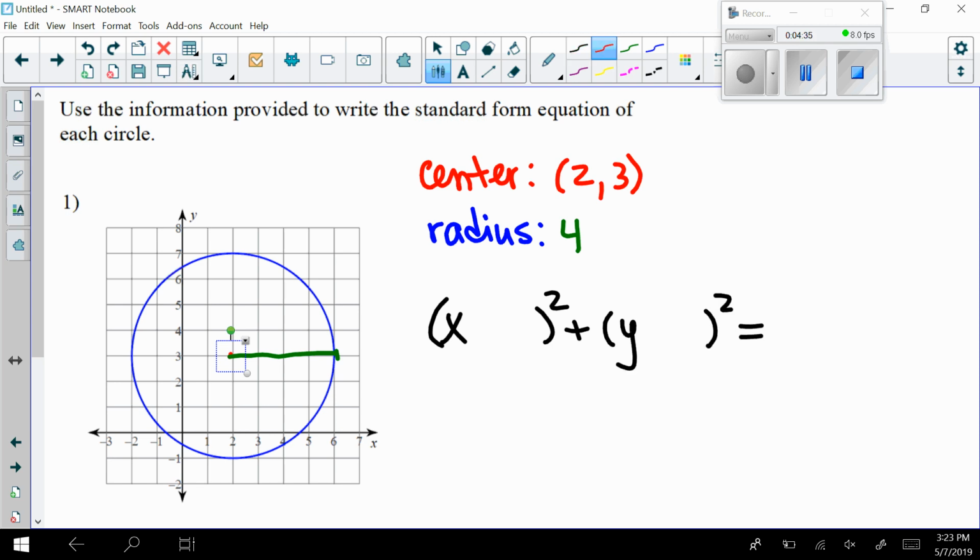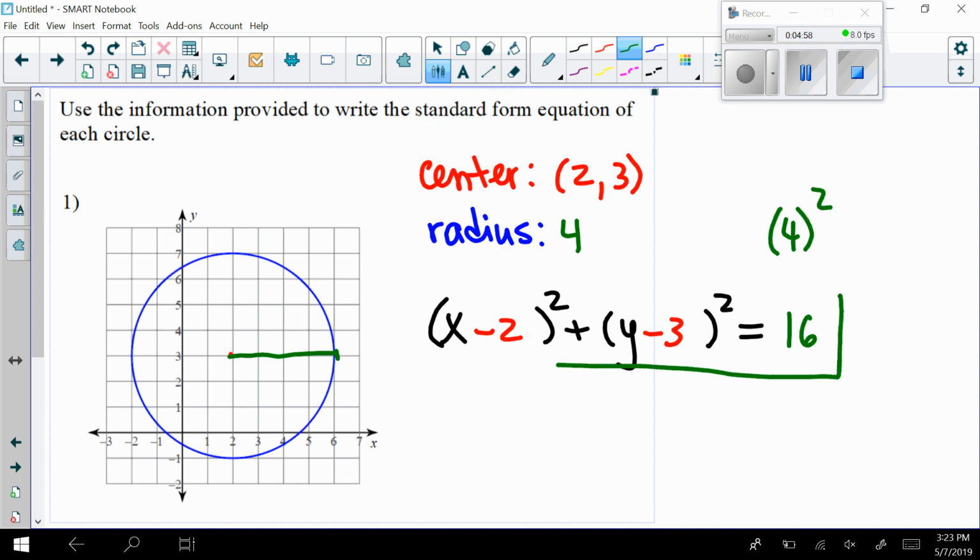Okay, so if I wanted to shift 2 to the right, I need to subtract 2. And if I want to shift my center up 3, I need to subtract 3. And if my radius is 4, this right here needs to be that number squared. And when we write our standard form, we always want to make sure that it's simplified.